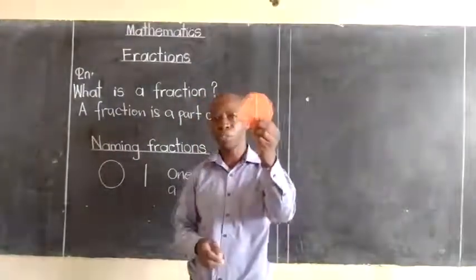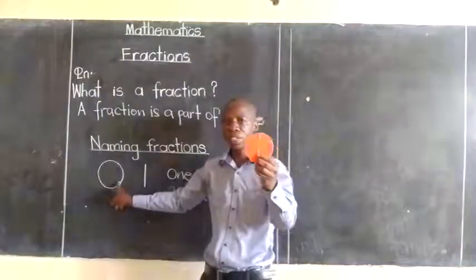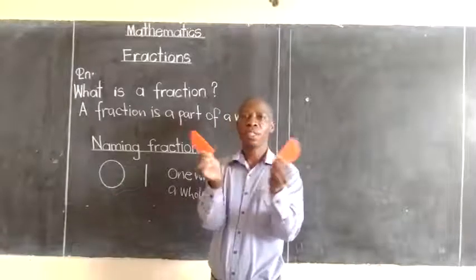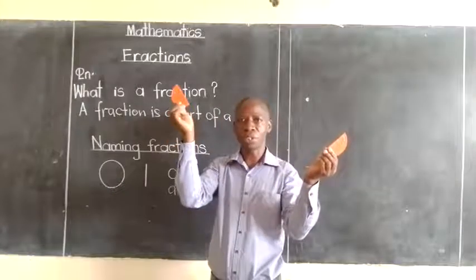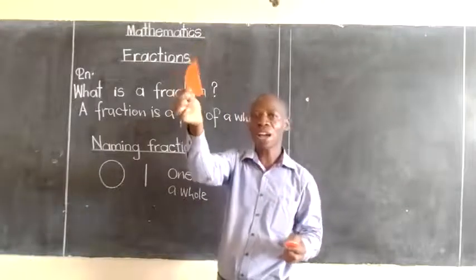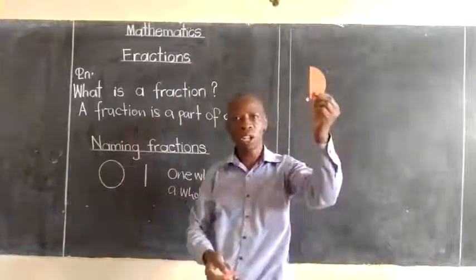This is one whole. If we cut it into two, this one becomes a fraction, and this one is also a fraction. So this is a half, and this one is also a half.